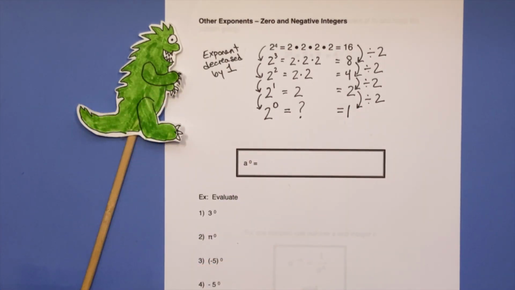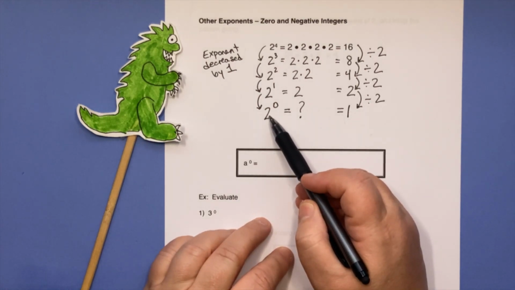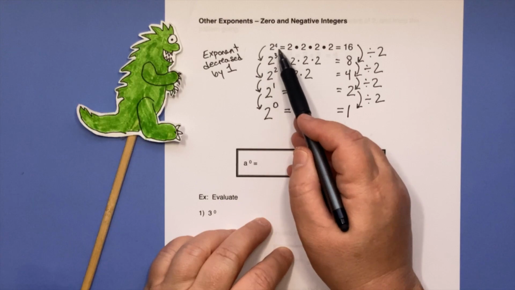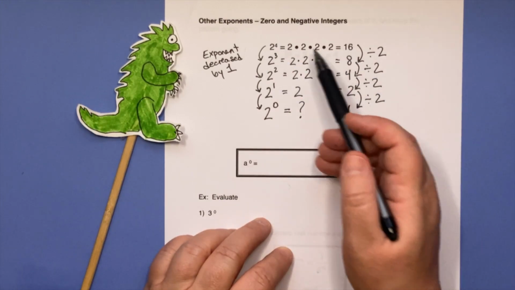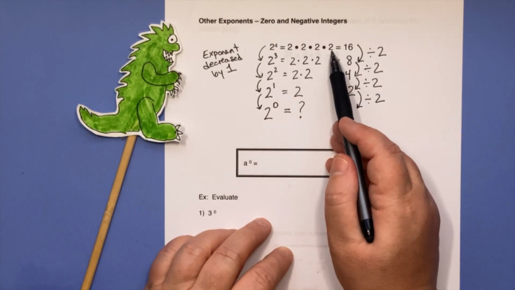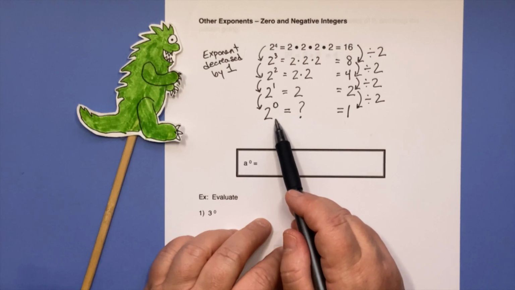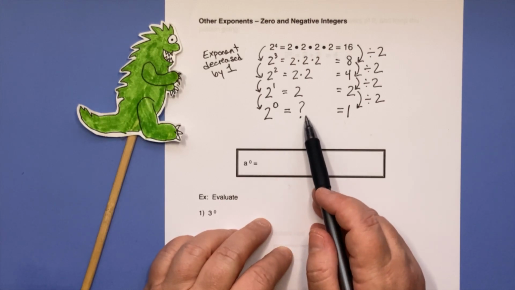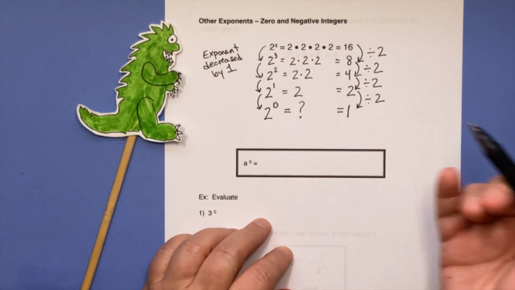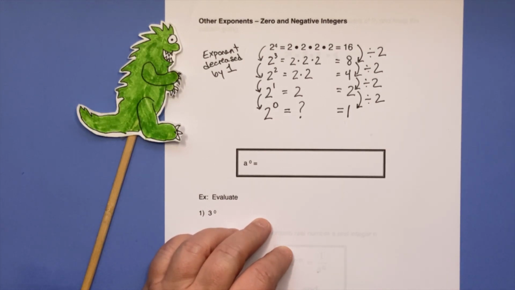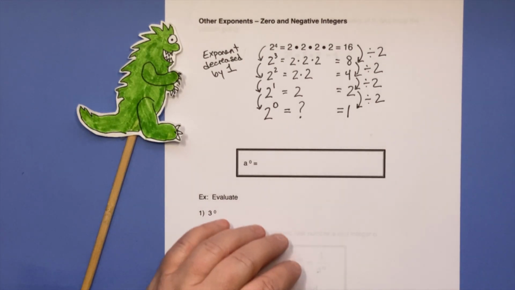So this is possibly the first time you may have experienced a truly abstract concept in math, where we've got this notation, which someone came up with to be representational, and we're using it in a situation where we can't be representational. How do I draw 0 2's? It's kind of a strange question to ask.